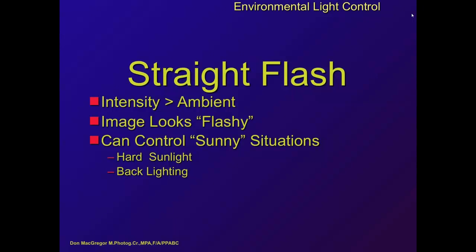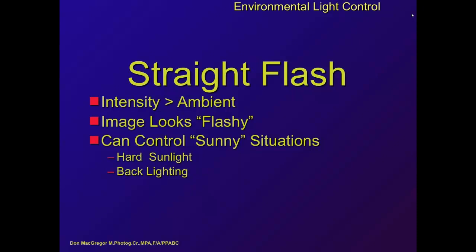And here's where that handheld meter comes into play. You can actually meter the intensity of the flash gun, meter the intensity of the ambient, and make a decision. And one of the beautiful things about our meters, especially the Sekonic meters and the old Minolta meters, is it will give you the output of your flash gun in a percentage of the net exposure.